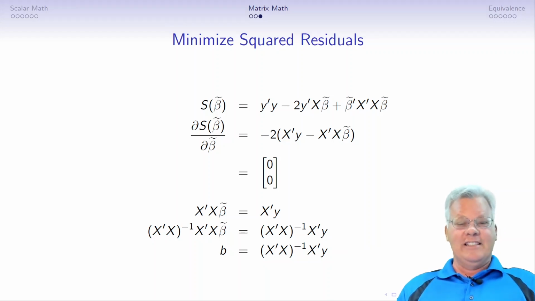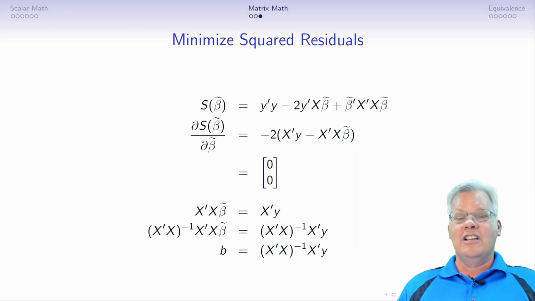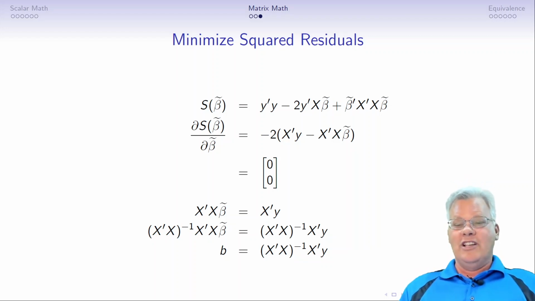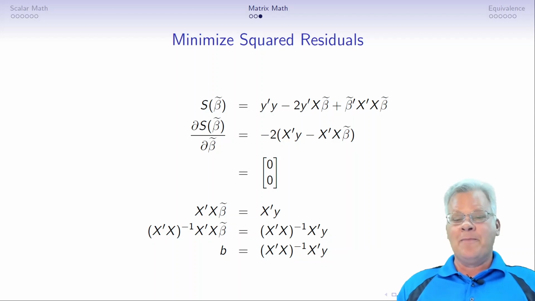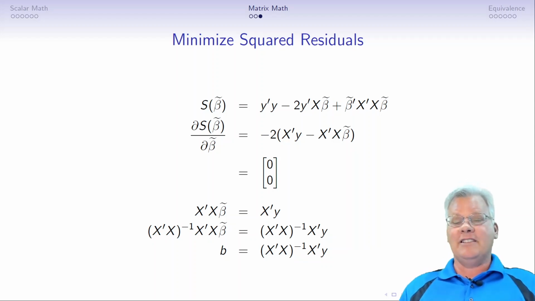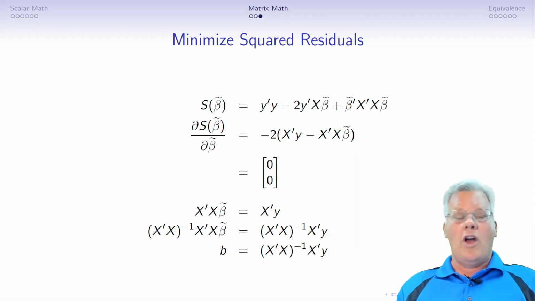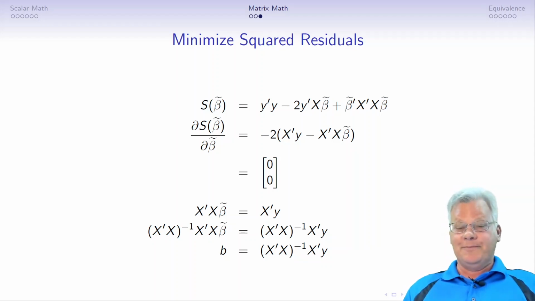Its inverse is x prime x quantity inverse. So if I pre-multiply both sides of the equality with x prime x quantity inverse, I get the expression b, which are the OLS estimates, equal to x prime x quantity inverse x prime y, which is the classic matrix definition of the OLS estimators.